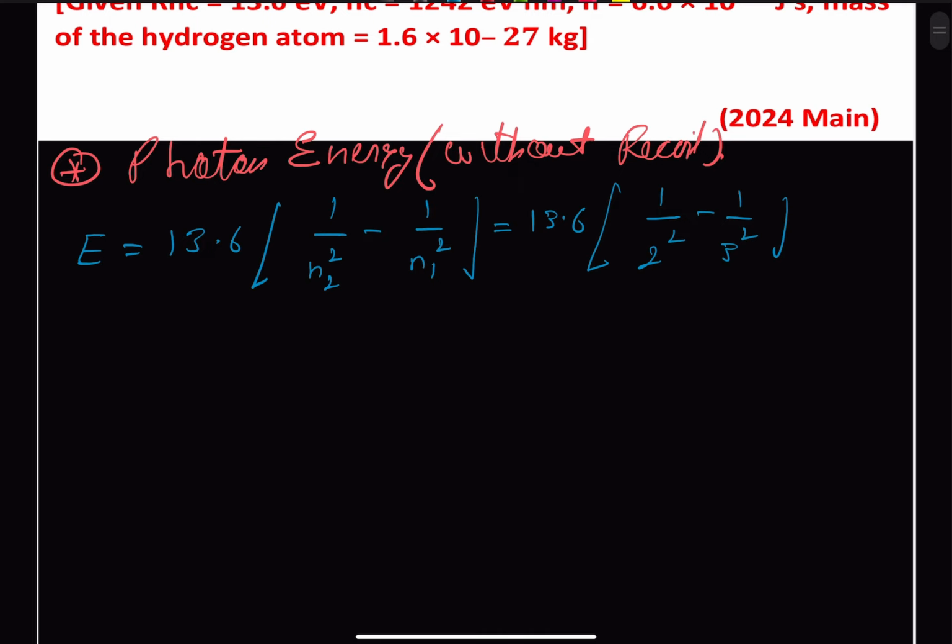So from here we get that the photon energy is approximately equal to 1.88 electron volt. We can convert this into joules by multiplying by 1.6 into 10 to the power minus 19, which gives us 3.025 into 10 to the power minus 19 joules.